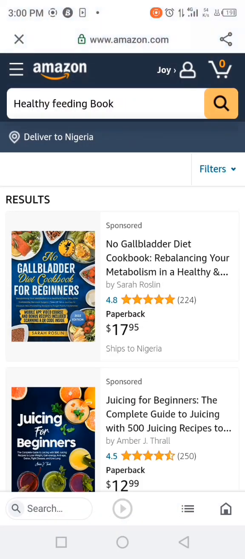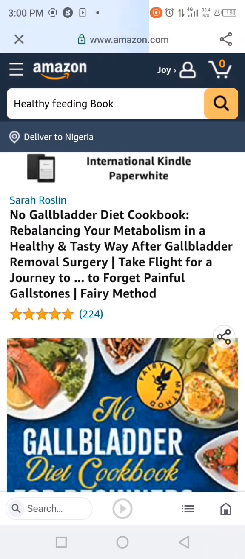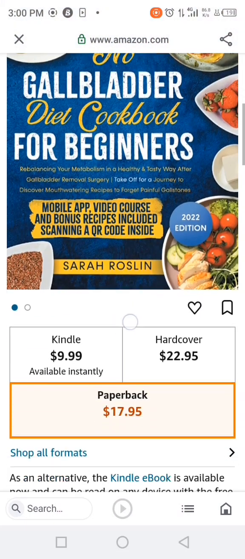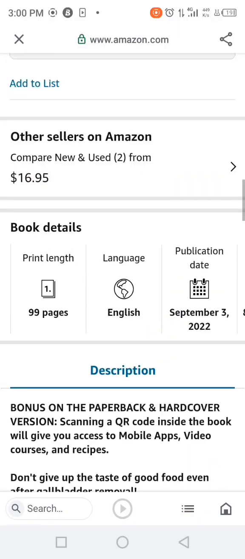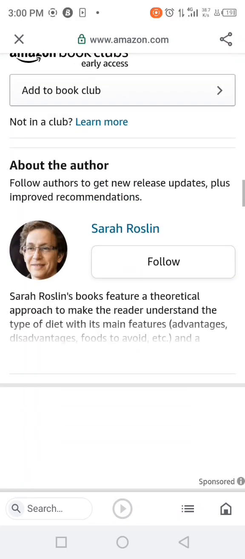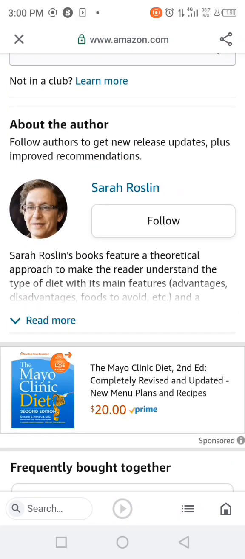Okay. If you don't have an Author Central page, the only thing that would show on your book is ships to Nigeria or ships to whatever country. But because this person has an Author Central page, we'll just scroll down here and see what it looks like. Now, the owner of this book is Sarah Roslyn.